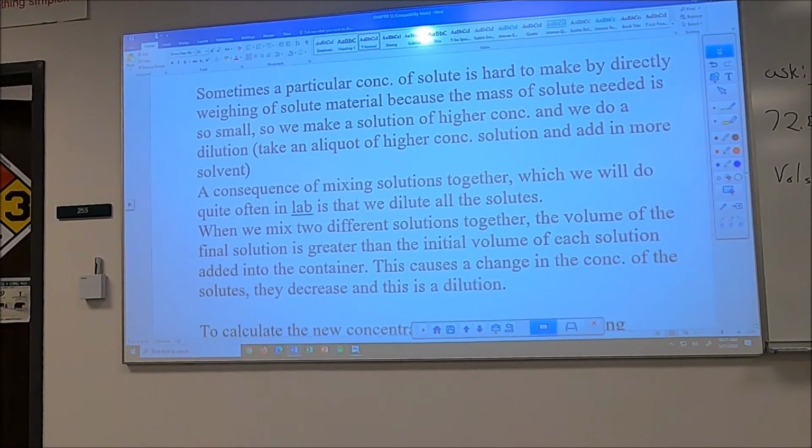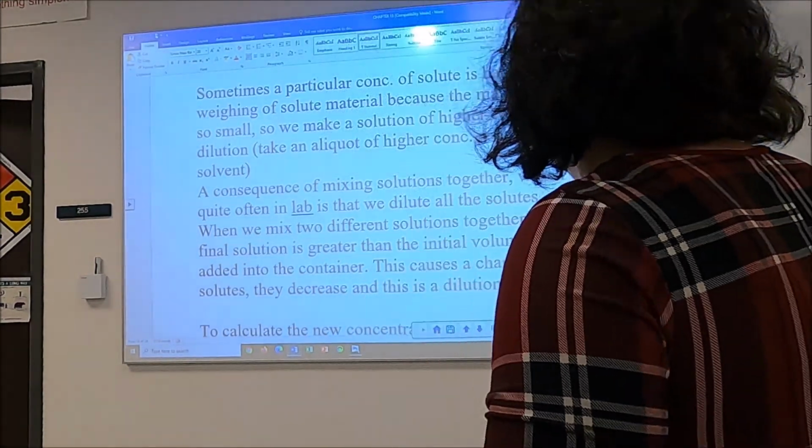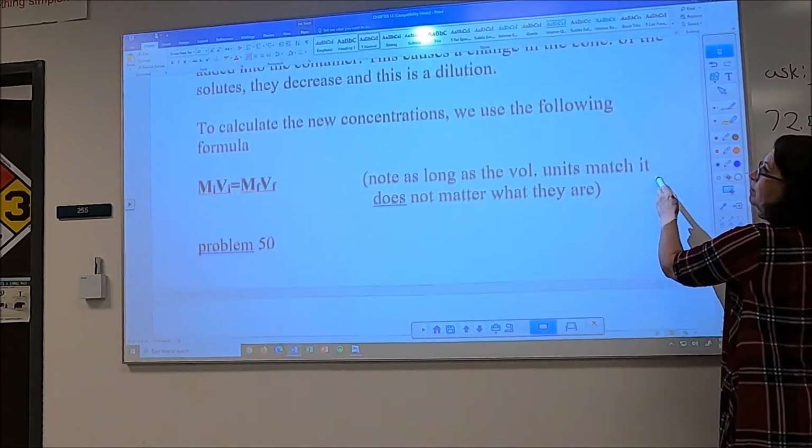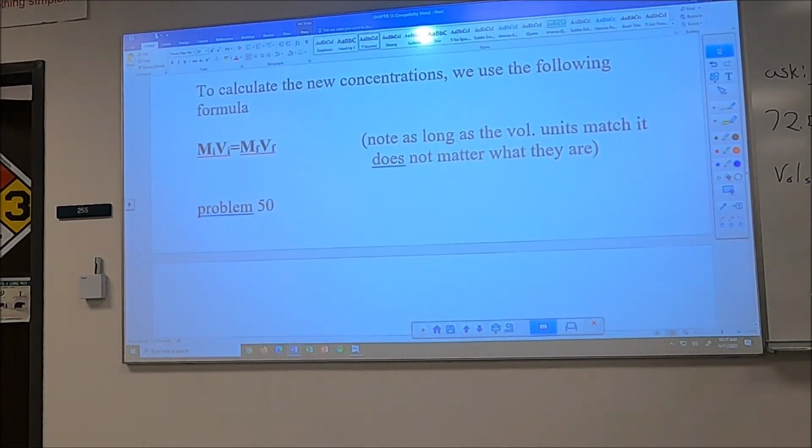When we make high concentration solutions, we often call them stock solutions. And we can dilute stock solutions down to make less concentrated solutions. Now, we're going to be doing a lot of dilution calculations in lab.